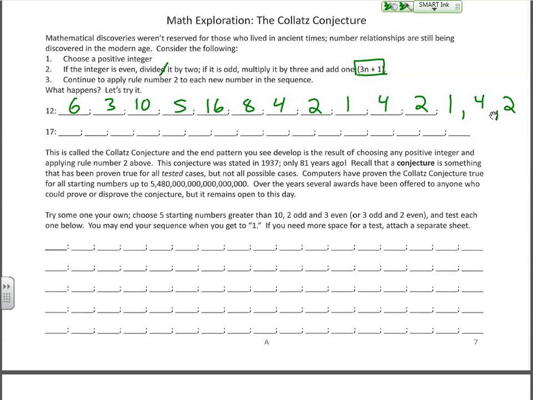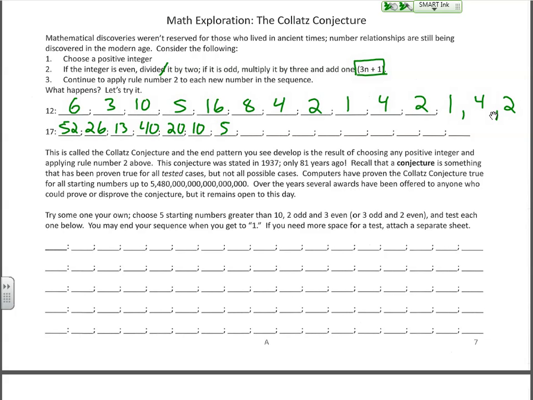Okay? So we're going to do the same thing with 17. 17 is odd, so we're going to multiply by 3 and add 1. That brings us to 52. 52 divided by 2 is 26. 26 divided by 2 is 13. 13 times 3 plus 1, 39 plus 1 is 40. Divided by 2 is 20. Divided by 2 is 10. Divided by 2 is 5.